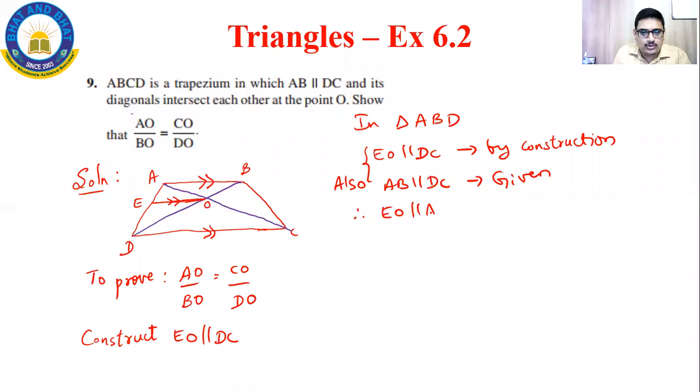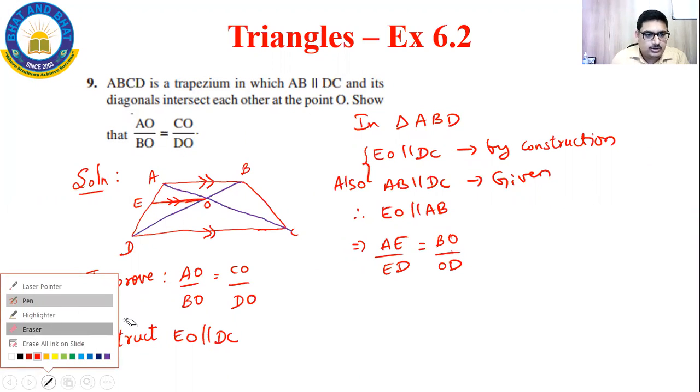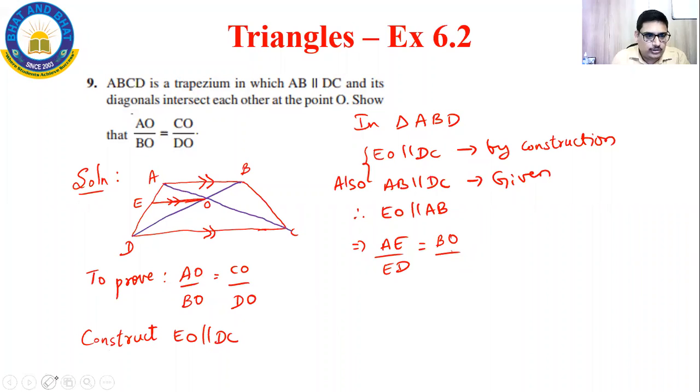EO is parallel to AB. If EO is parallel to AB in triangle ABD, what will I get? My conclusion will be AE by ED is equal to what? BO by OD, or rather I'll write it as BO by DO, so that everything will look similar. BO by DO. So this is my first part.